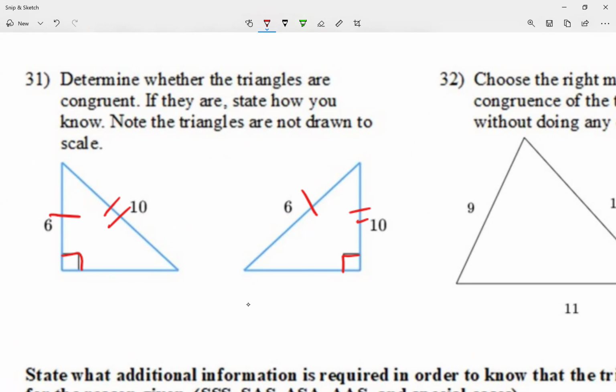Ooh, two sides and the angle is not in between. So side angle. Is that the same thing I have on the other side? Well, not really, right? The two sides are not equal. So this case is not congruent.